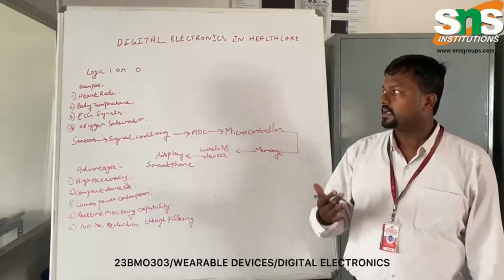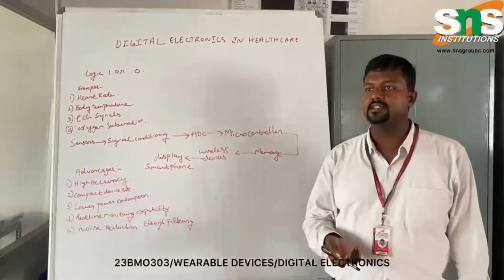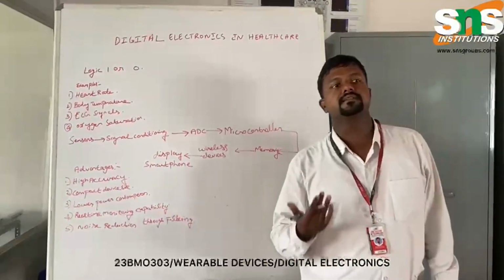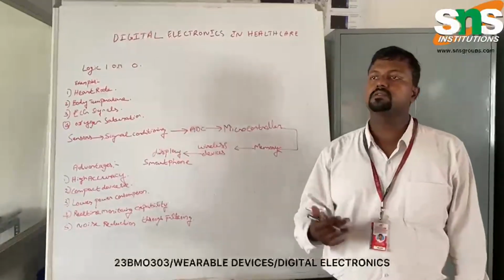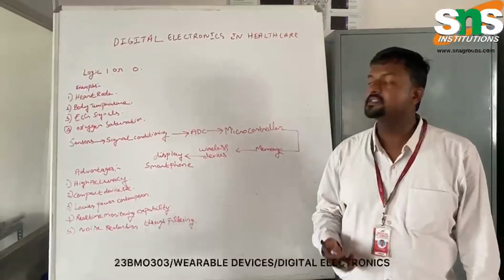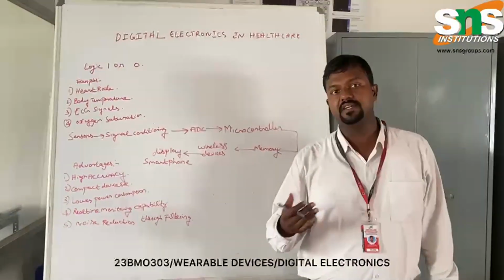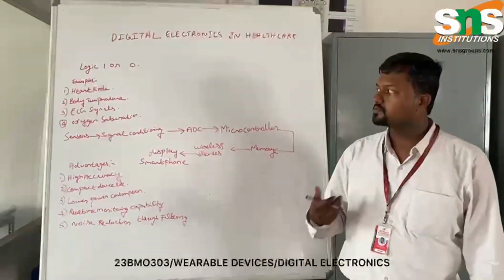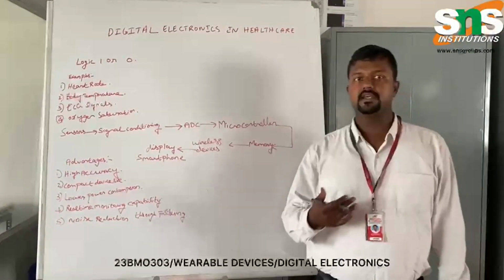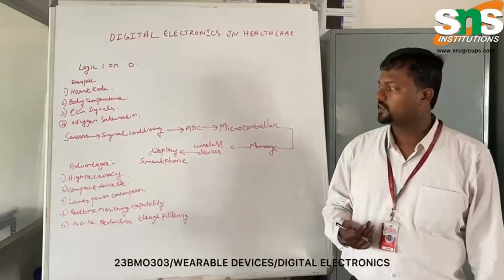For example, 78 BPM to 85 BPM is the normal heart rate of a person, and this parameter will be displayed on an LCD device or even on wireless modules such as smartphones. This digit is enough to understand the health condition of a person.